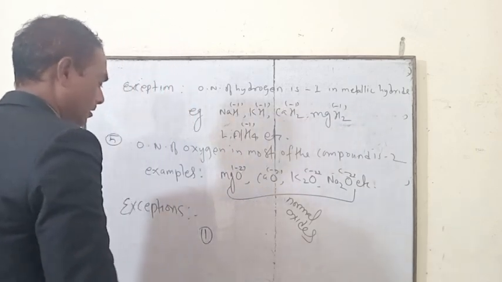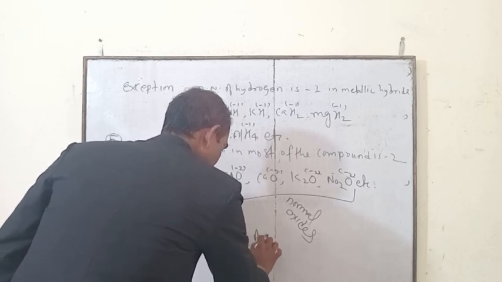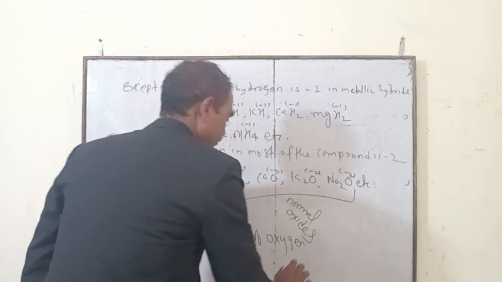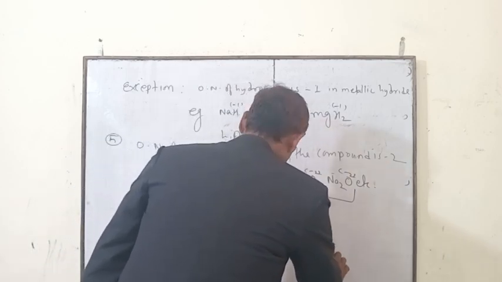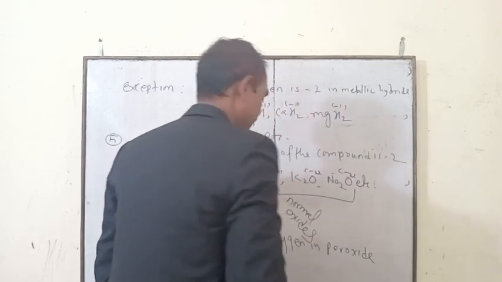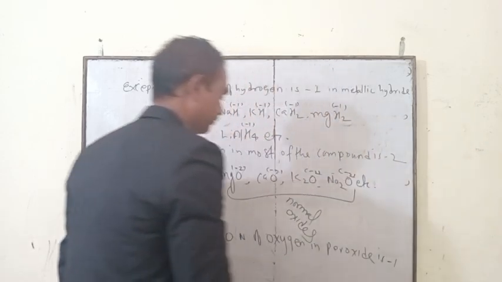First exception: oxidation number of oxygen in peroxide is -1.